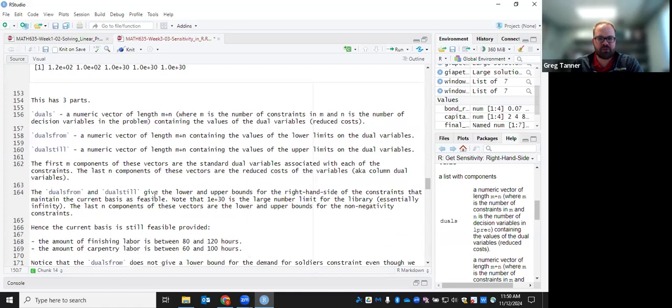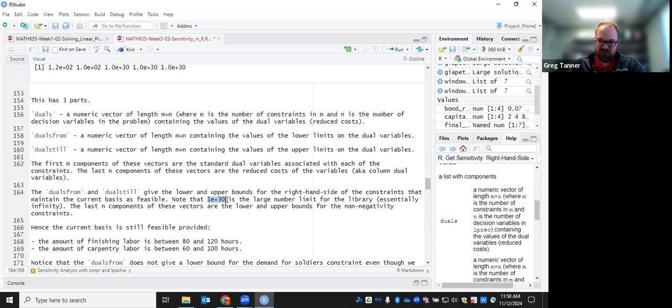Looking at the duals from and duals till, anytime you see a 1e+30, that stands for 1 times 10 to the 30th power, which would be 1 with 30 zeros after it. That is essentially the upper limit for the largest number that the lpsolve library thinks about.